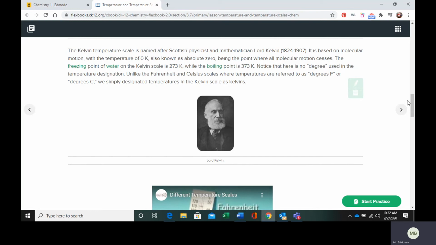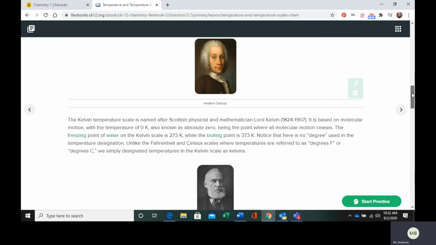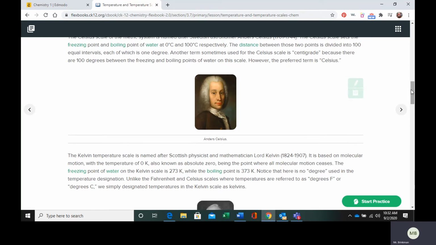Now notice that with the Kelvin and Celsius scale, if you're going from Celsius to Kelvin, you add 273. So that's why 0 degrees Celsius is equal to 273 Kelvin, the freezing point of water. 100 degrees Celsius is equal to 373 Kelvin, or the boiling point of water.